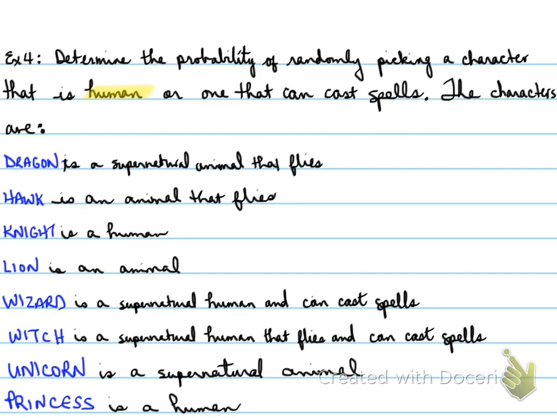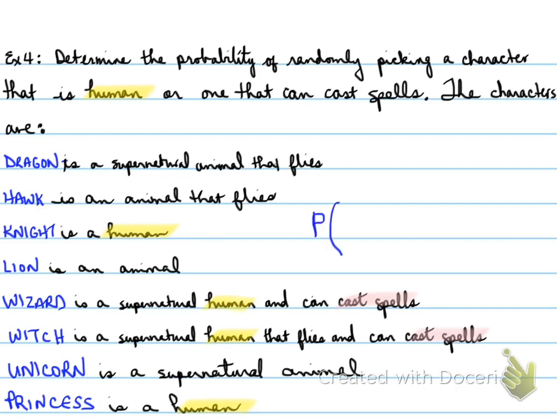Okay, so knight, wizard, witch, and princess are human. The ones that can cast spells are wizard and witch.